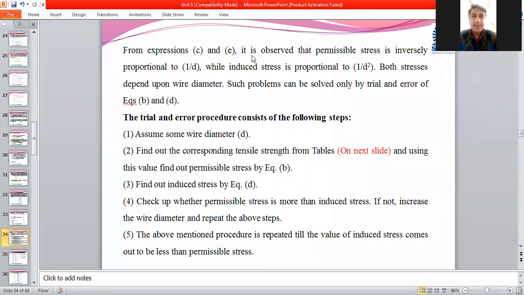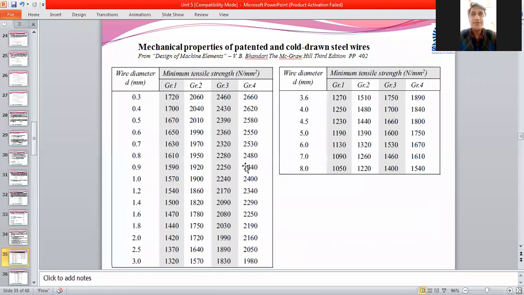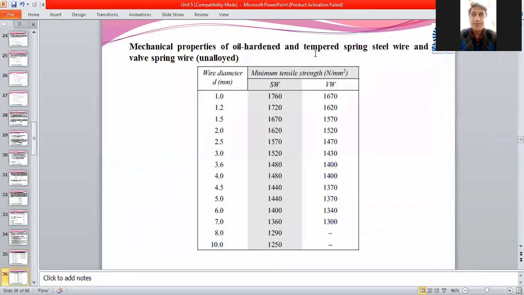Okay. Now here I have mentioned the tables which are available for deciding the wire diameter, which I am going to show on the next slide. This is the mechanical properties of patented and cold drawn steel wires. Next, here it is hardened, oil hardened and tempered spring wires.